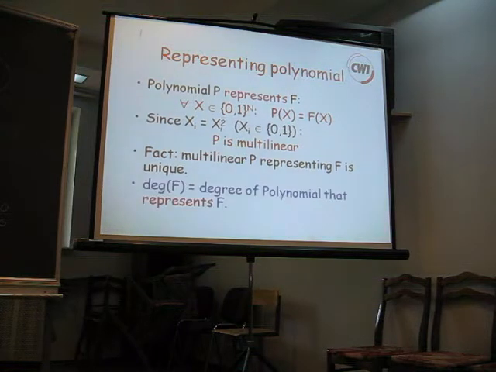That's also, if you've never seen this, a good exercise. I can define the degree of a function as being equal to the degree of the polynomial that represents the function f. I can switch between these two.